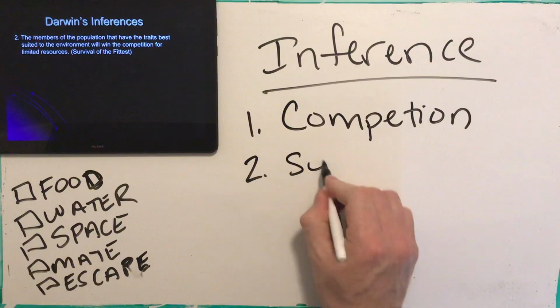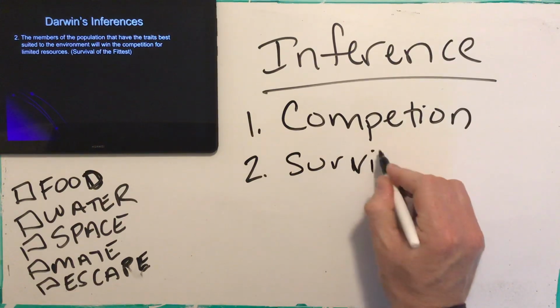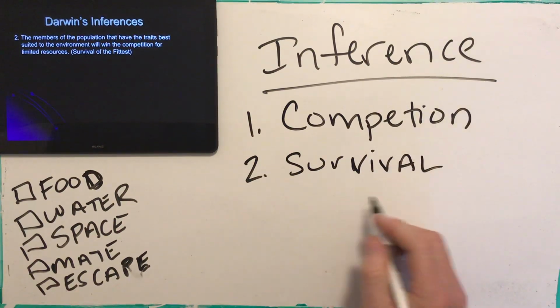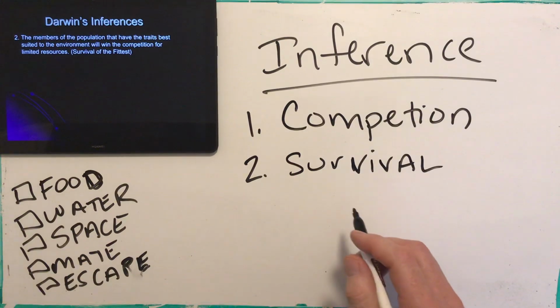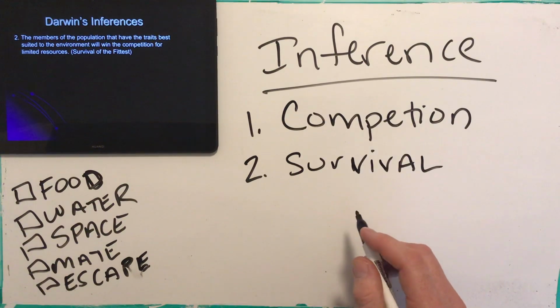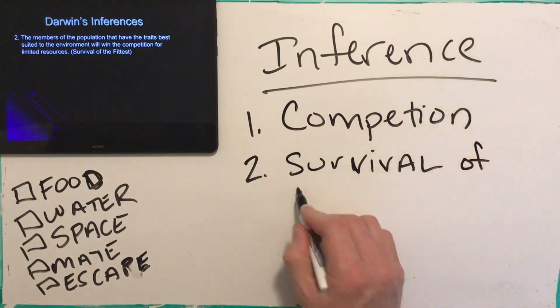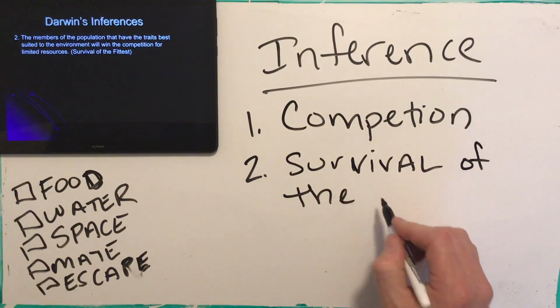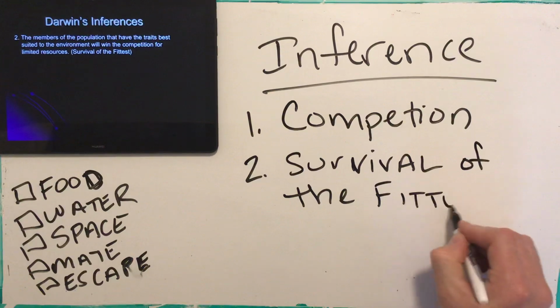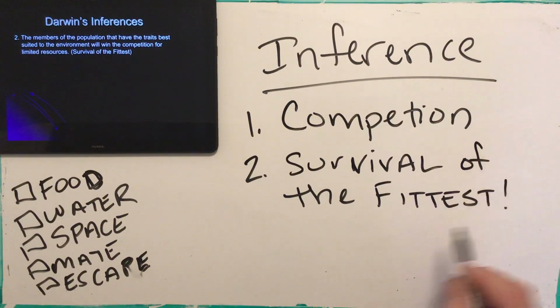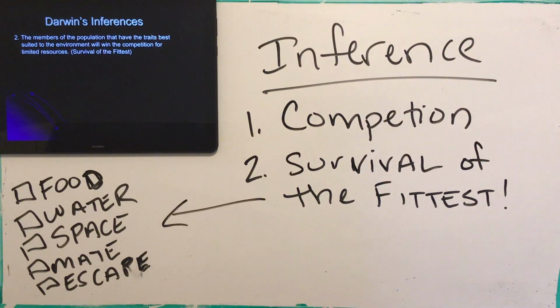And basically it says survival of the fittest. So we're going to go back to all that variation that we got from our parents. Remember the first 2 observations. And those traits are what we're going to use to get these.